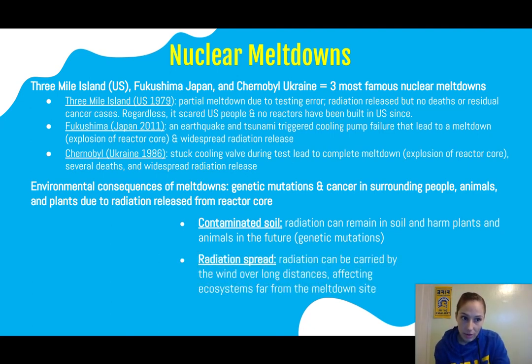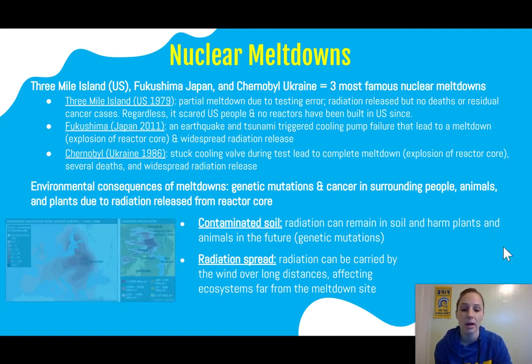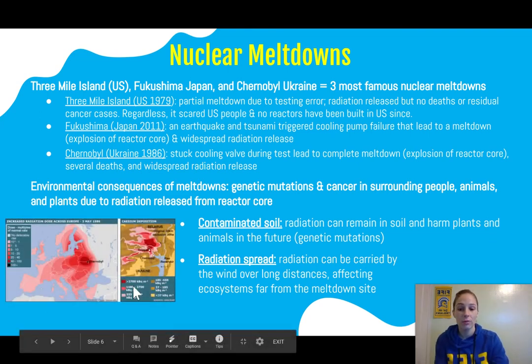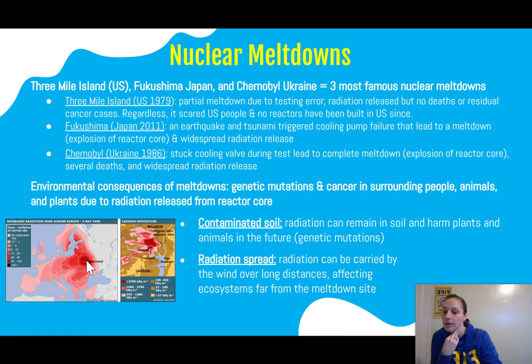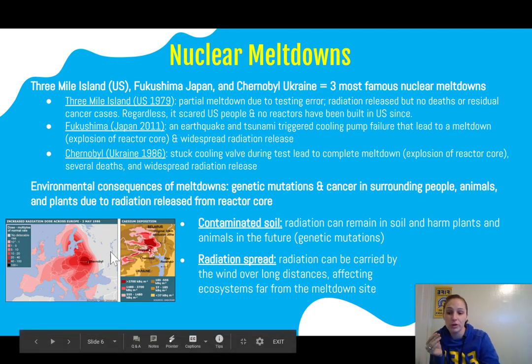Radiation also, like kind of the big scary part, is that it can be carried by the wind over long distances, which will affect, it's not just the meltdown site that gets affected, it can be spread far. So if we look here, Chernobyl happened in Ukraine right here, but you can see increased radiation across all of Europe.